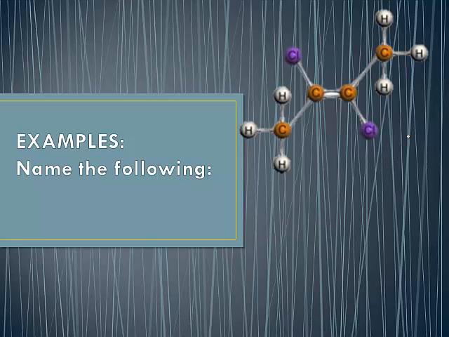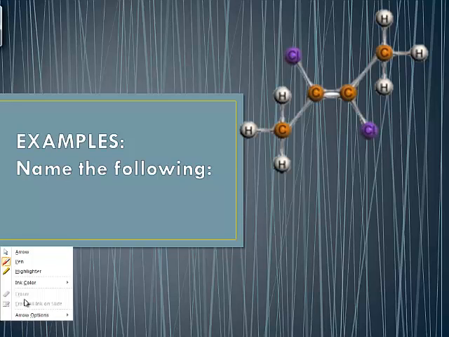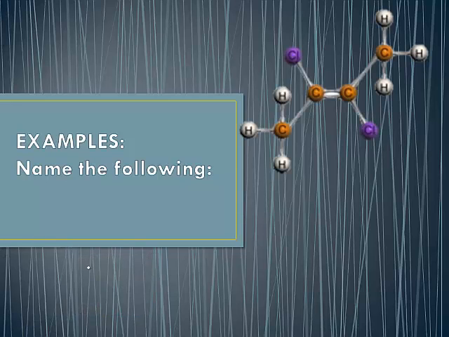Don't be thrown off by the fact that this looks a little different than what you've been seeing before. It's exactly the same. So the first thing we need to do is identify the longest continuous carbon chain. If you have more than one option, it's the longest continuous carbon chain which also contains the double bond. In this case, we only have one option, and it happens to go up like this.